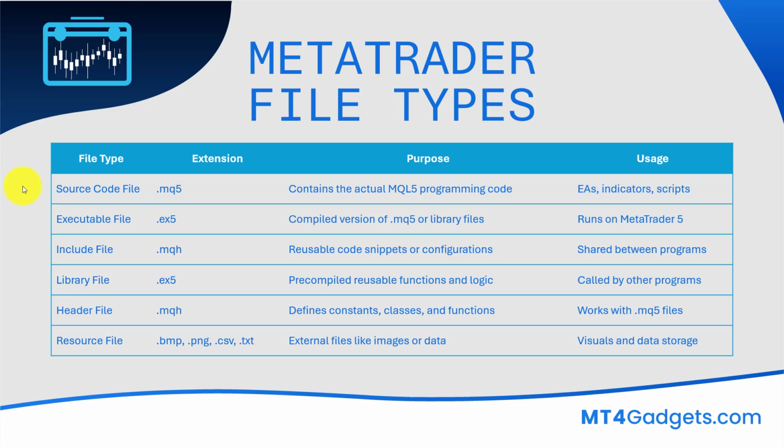The file extension of source files is MQ5, 5 because of the version, and MQ usually coming from the MQL5 language, which stands for MetaQuotes Language number 5, but the extension itself is MQ5.